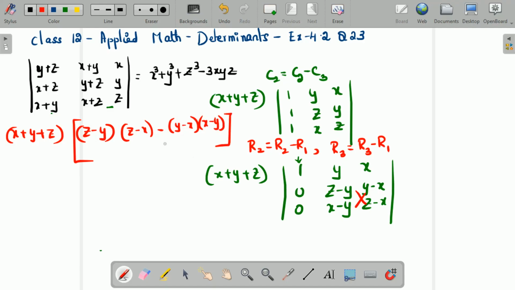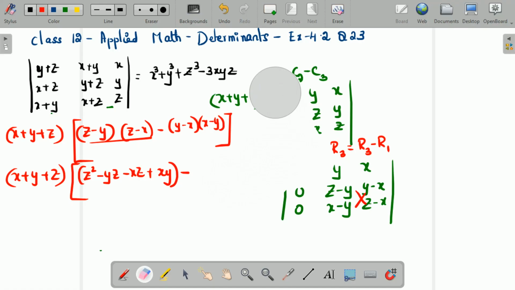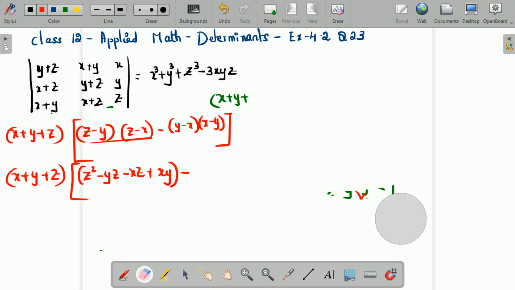Now you can multiply this term wise. So x plus y plus z into, I'm going to do this multiplication part first. So this is z squared minus yz minus xz plus xy. Now you open a minus sign because I'm not yet ready to remove that bracket yet. So we will put a minus sign but still continue to multiply.